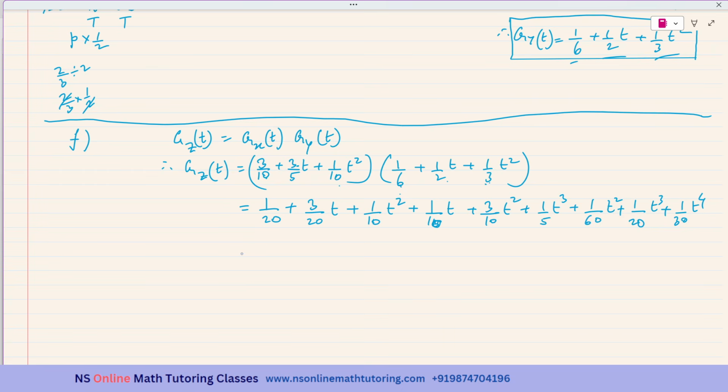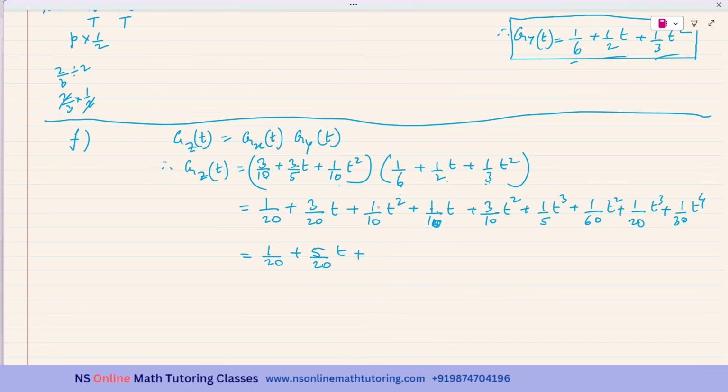Okay. So first of all, we will be writing the terms in ascending powers of the variable t. 1/20 is the only constant term. Plus it is 3/20 t and 1/10, so it is 2/20, so 3 plus 2 is 5, and you don't have any other term containing t. So it is 5/20 t.